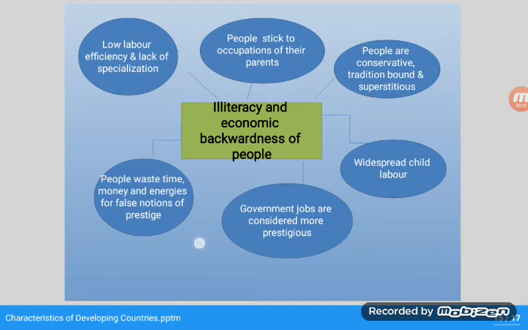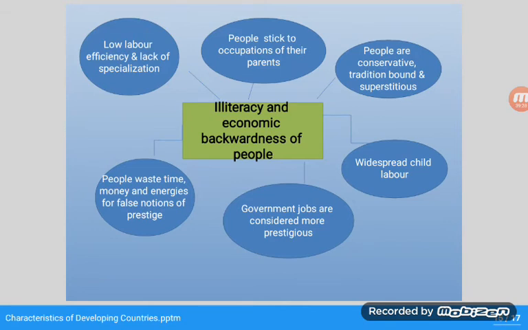They have made certain things related to status symbol important, so they spend all their energies on that. They do not educate themselves enough, they do not acquire enough knowledge, they just waste their time and energy.